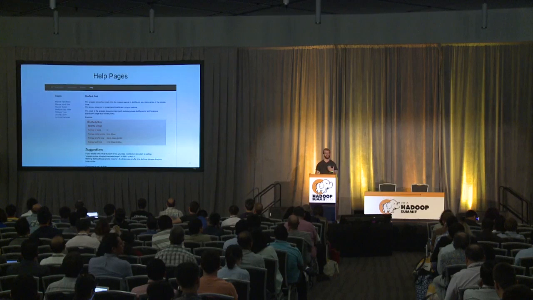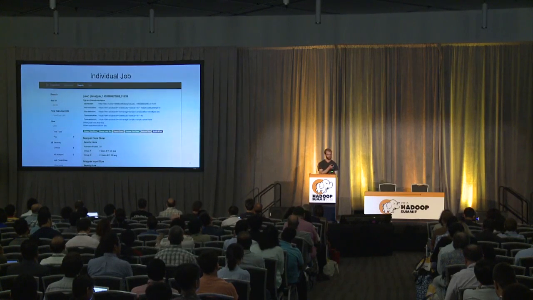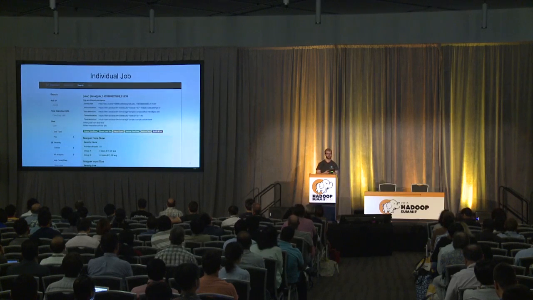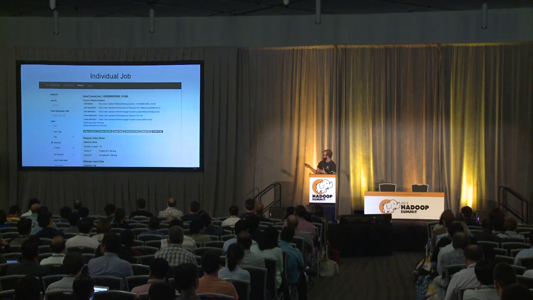Let me back up a second. You'll notice I don't actually have any flagged issues on this slide, but each rule has the ability to provide an explanation for why it got the health status that it did. So this one is considered healthy because you don't have too much skew among your mappers.